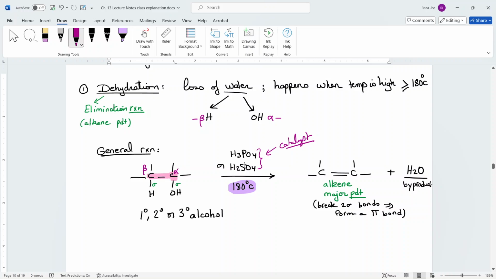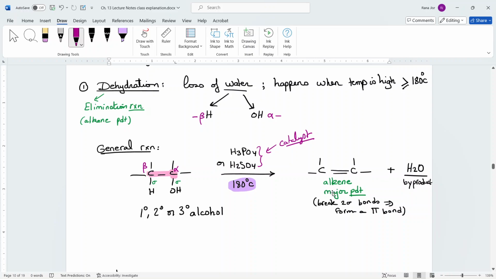If the acid is not there, then the reaction will not proceed. So here you're not going to get an alkene, so we would say this is no reaction. So two things contribute to the alkene formation: the presence of the acid and the presence of the temperature. If any of those were missing, then your product will not form.